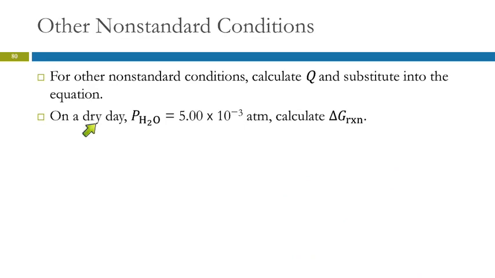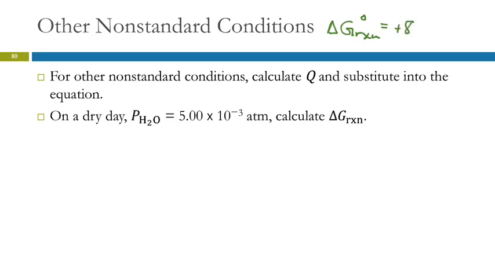Here's another example. On a dry day, the partial pressure of water is 5 times 10 to the minus third atmospheres. Calculate the free energy change for the reaction. So we need to remember what the standard free energy change was.